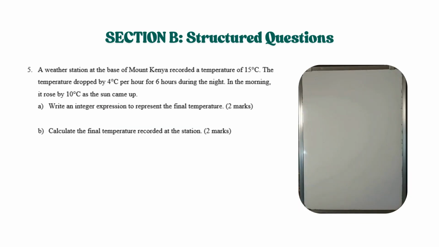The last sample question from integers, question number 5. A weather station at the base of Mount Kenya recorded a temperature of 15 degrees Celsius. The temperature dropped by 4 degrees Celsius per hour for 6 hours during the night. In the morning, it rose by 10 degrees Celsius as the sun came up.